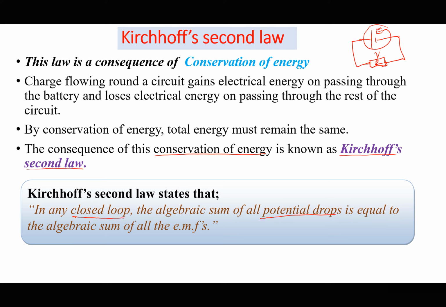First of all, it must be a closed circuit or a closed loop. Secondly, the sum of all the potential drops, or all the PDs, should be equal to the sum of all the EMFs. So the algebraic sum of all the potential drops is equal to the algebraic sum of all the EMFs. That is going to be Kirchhoff's second law, which is a consequence of conservation of energy.